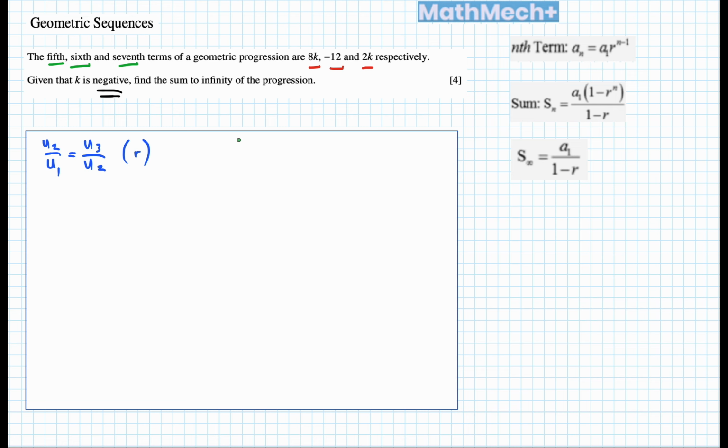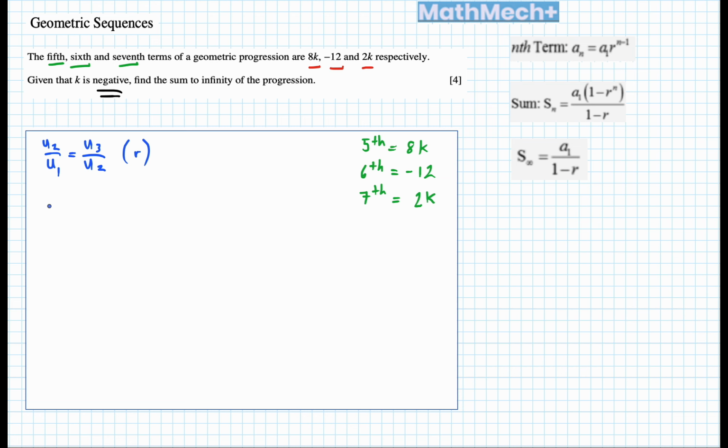You could even write it out, fifth, sixth, seventh, so it might be clearer visually. So our fifth was 8k, sixth is minus 12, and seventh term is 2k. So let's rewrite them using this.